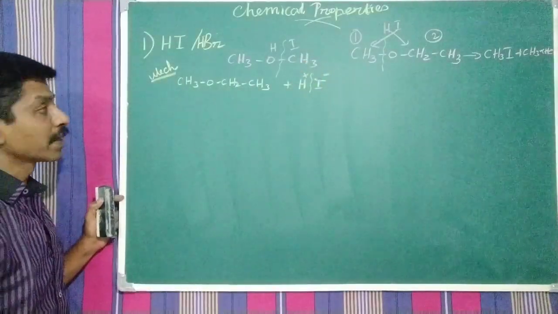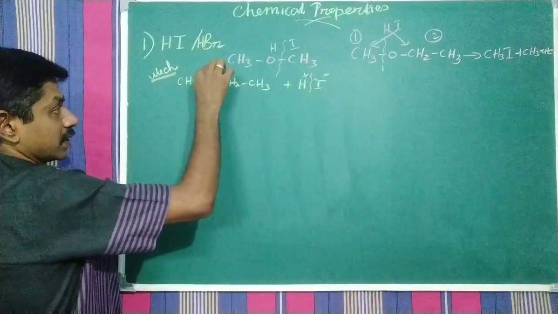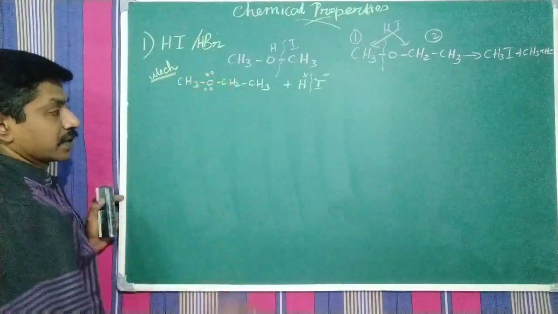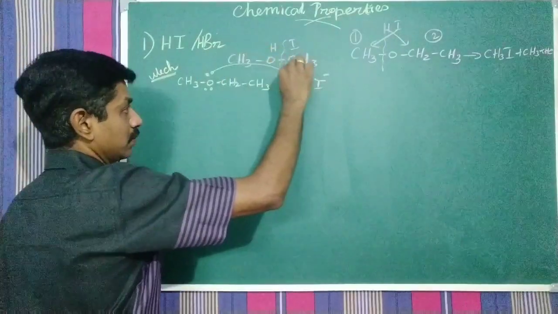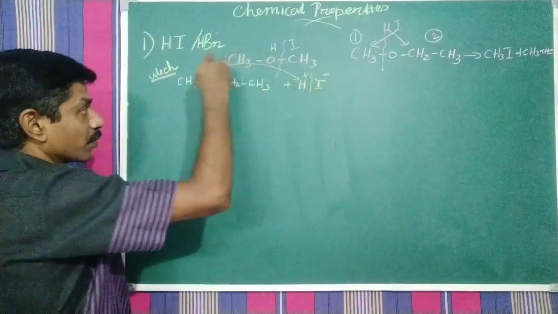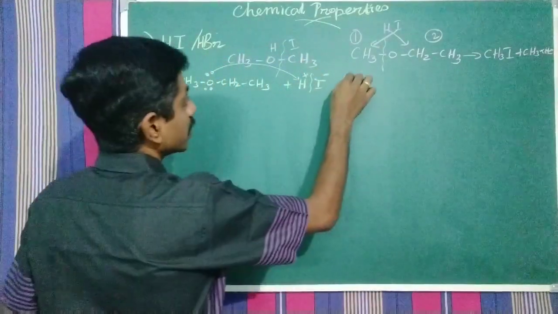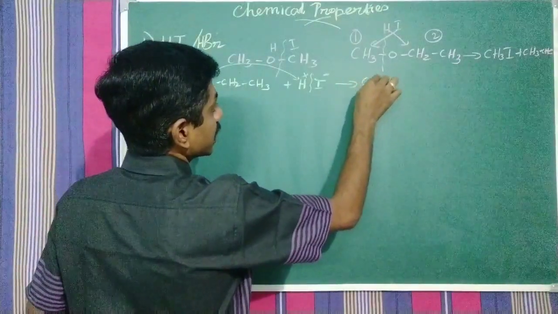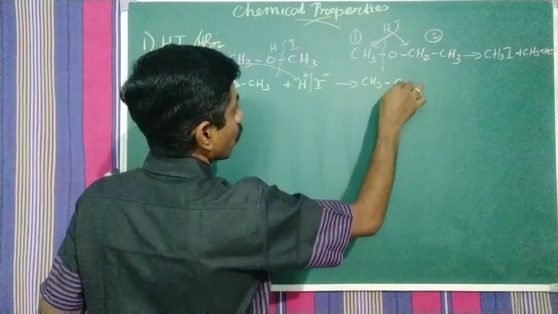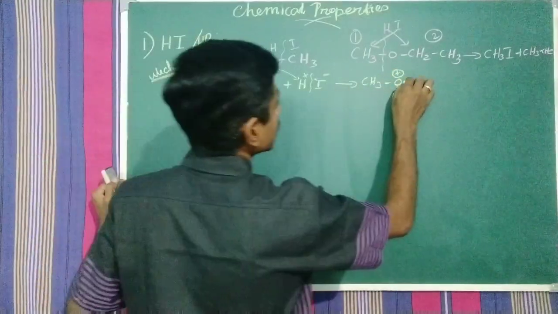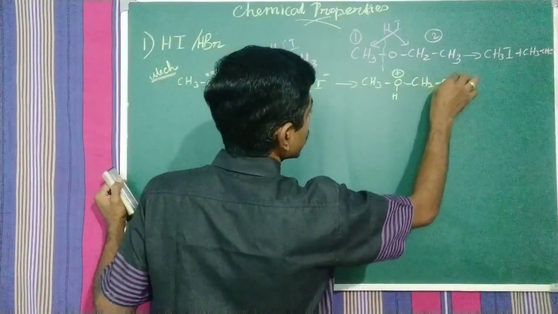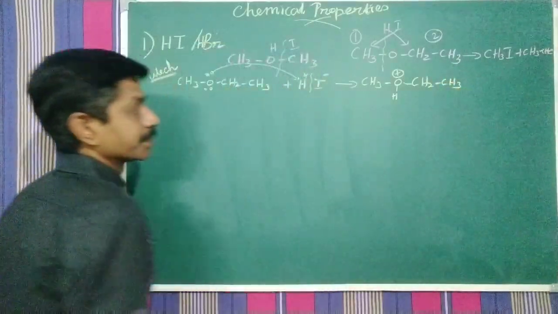As we learnt in the previous method, the oxygen carries a lone pair of electrons. That will be donated and protonation takes place. Then in the next step, CH3, O with one hydrogen, oxygen is a loser of electrons and gets a positive charge, and here CH2 and CH3.